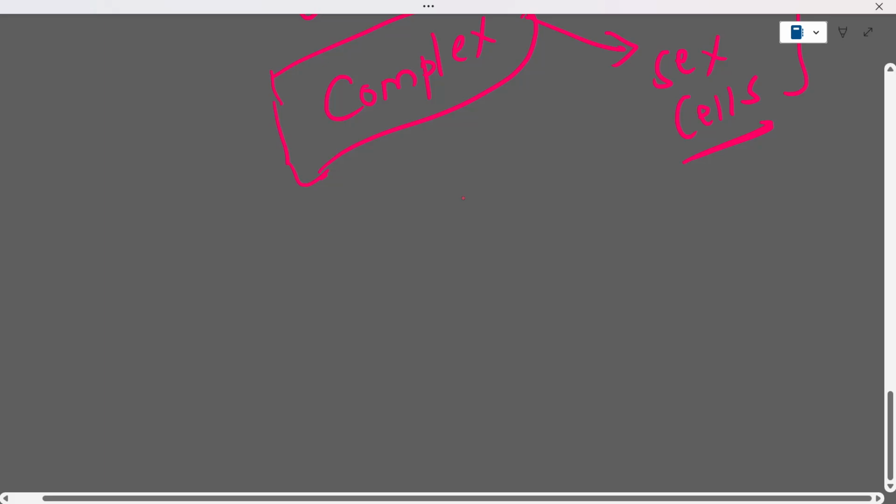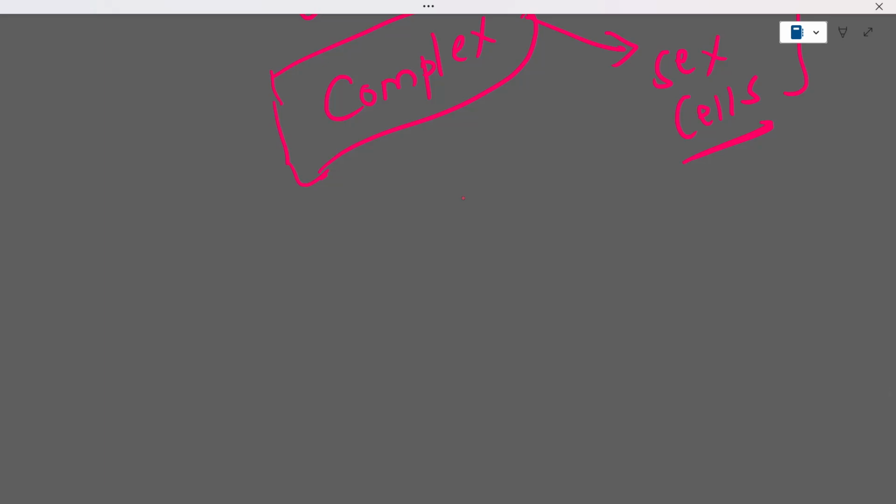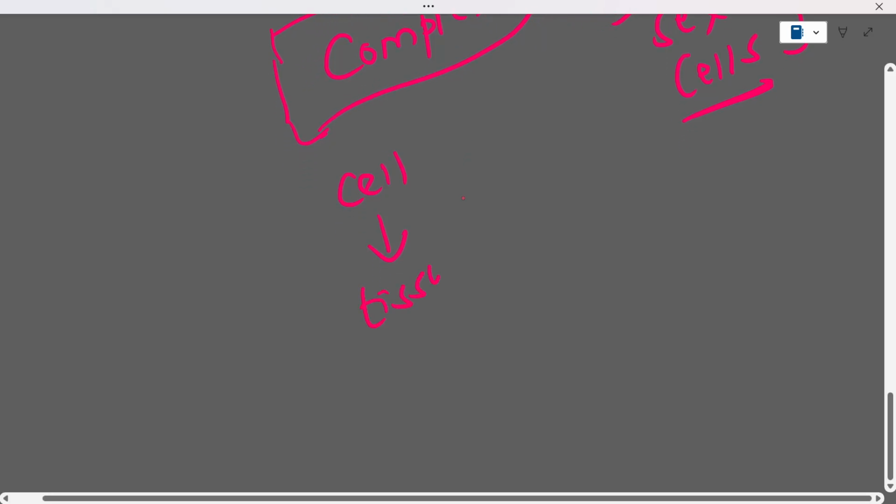Here the difference is that the basic unit of any organism is the cell. When cells unite, they form tissue, and many tissues unite to form an organ, and many organs unite to form an organism, and many organisms unite to form a population, and many such populations unite to form a species.